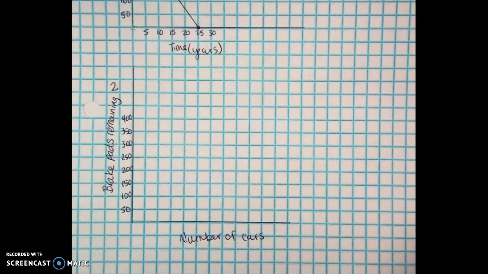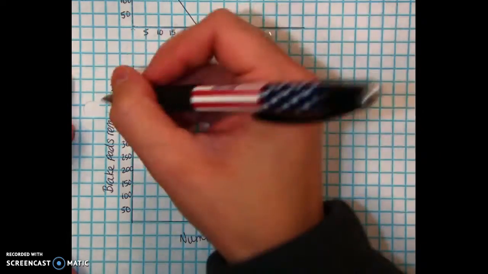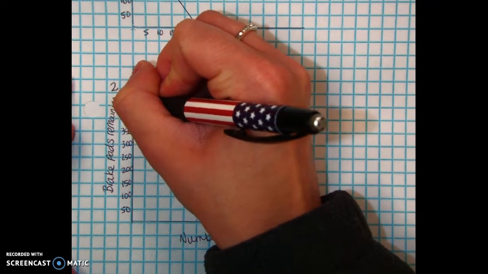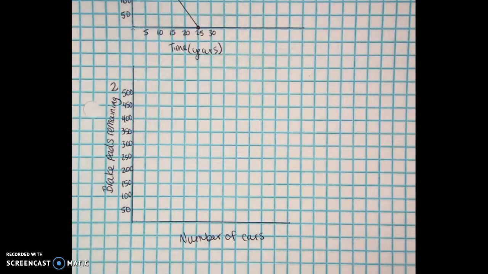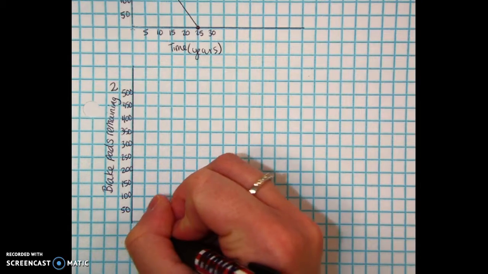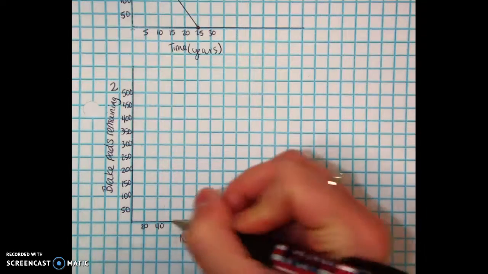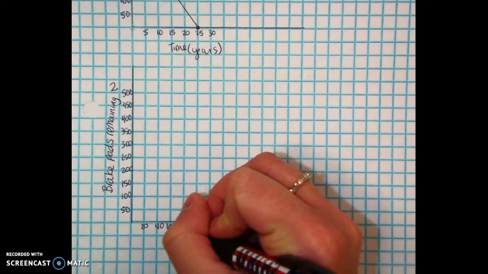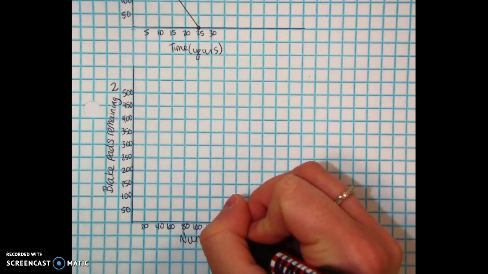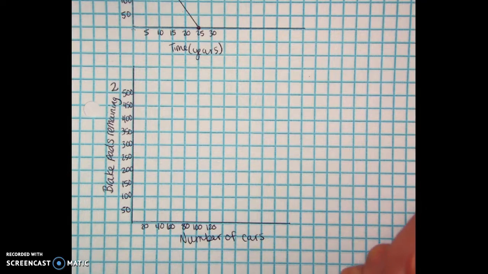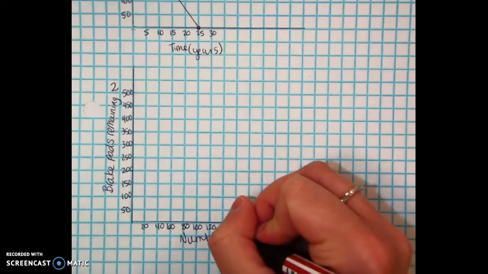And let's see, our y-intercept is 480, so I'm going to go up to 500. Okay, and the number of cars goes by 20s. And what was our x-intercept? It was 120, so let's go to 140.